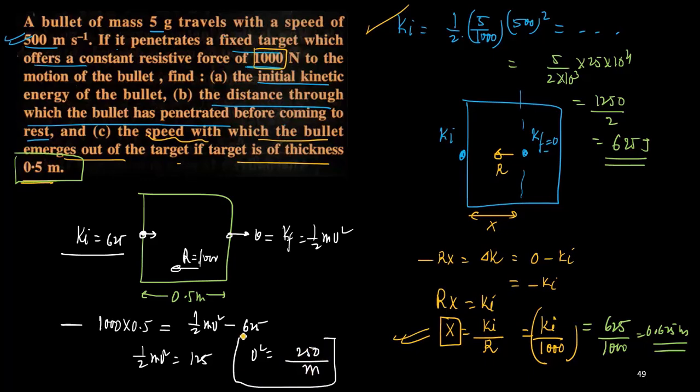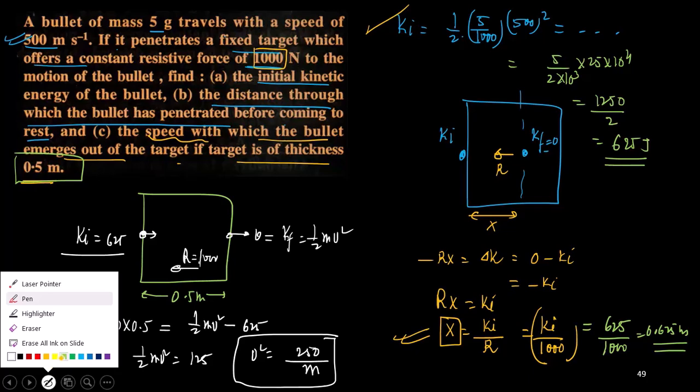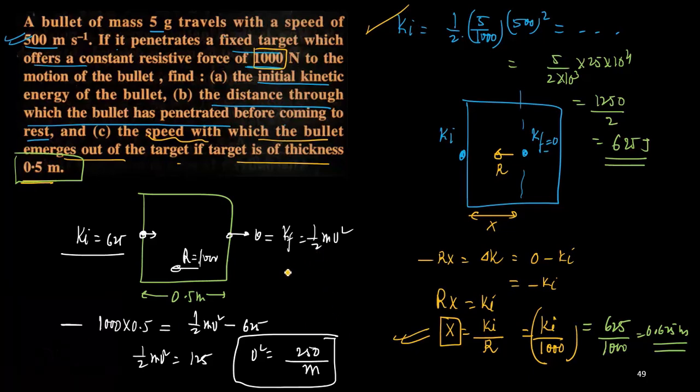Now m is given as 5 gram, so it comes to 250 divided by 5 gram into 1000, that is 50 into 1000. Whole root, that is v. So it should be 100 root 5. That is the velocity of the bullet when it emerges.